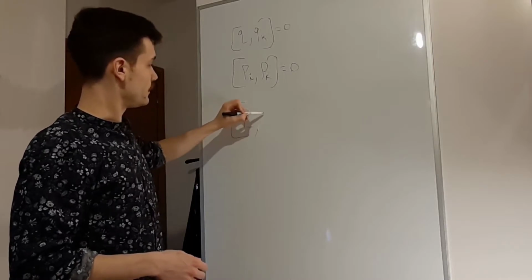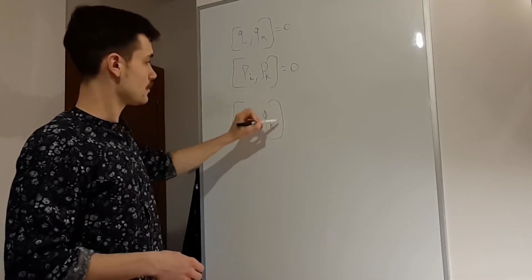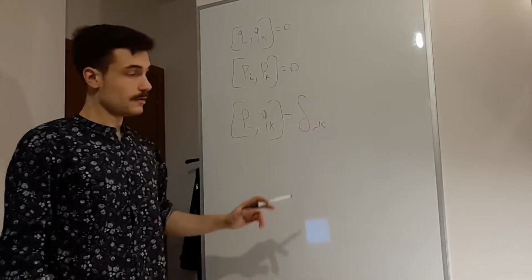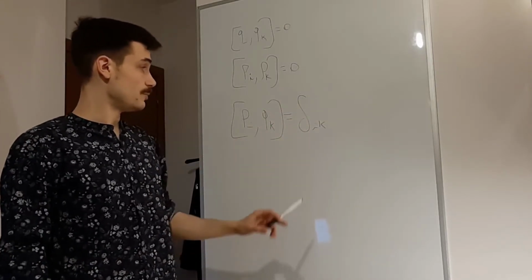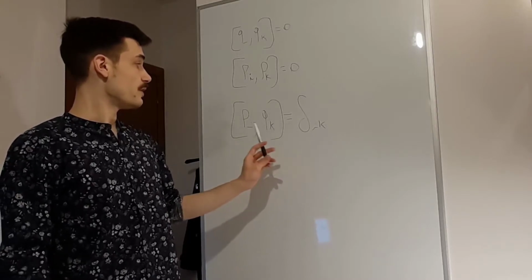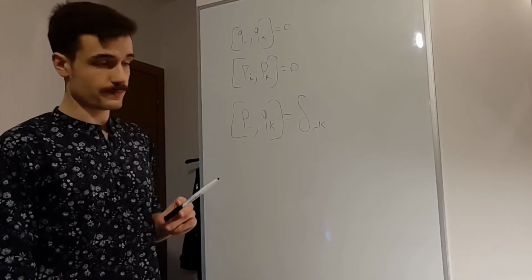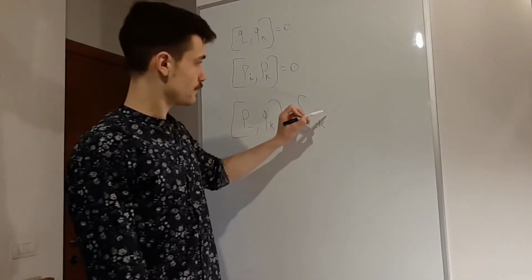If I have a momentum and a position, it will be a Kronecker delta. That, as you may know, means that it's 1 when i and k are equal and 0 in any other situation, so when they are not equal.